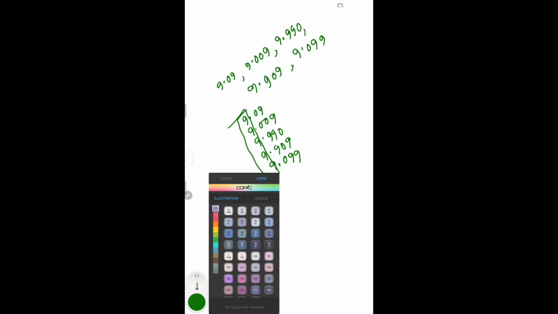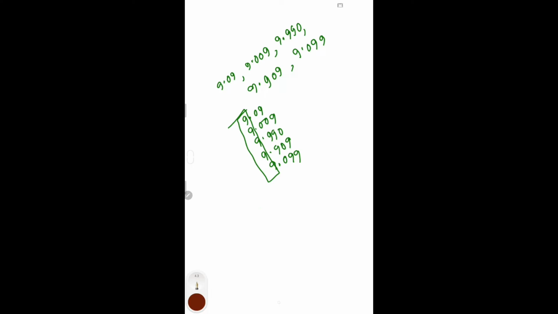Now we have to look at the numbers after the decimal. These three numbers have zeros after the decimal. Here we have a 0, here we have a 0, and here. So now we have to look at the next digit.